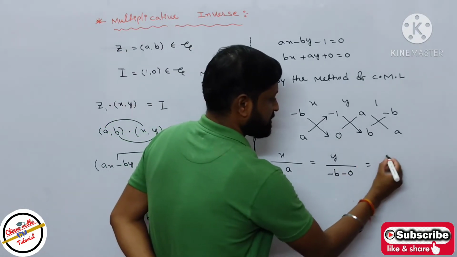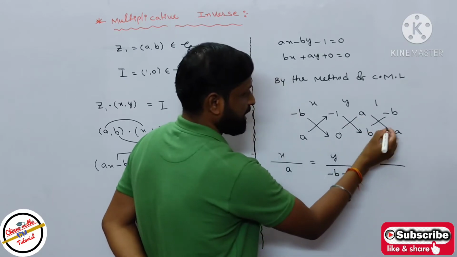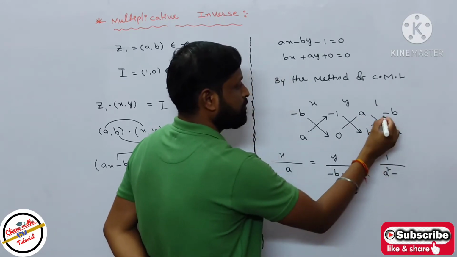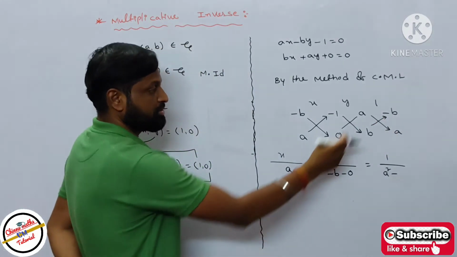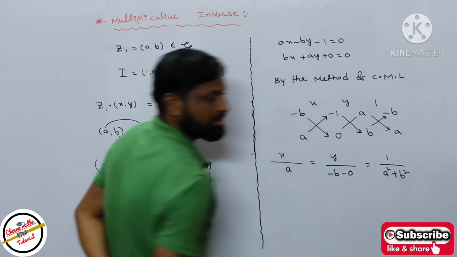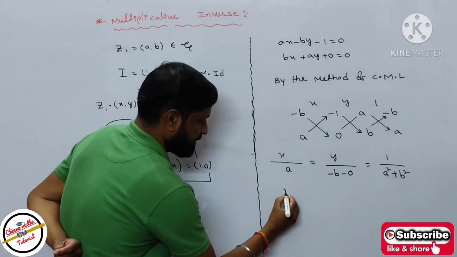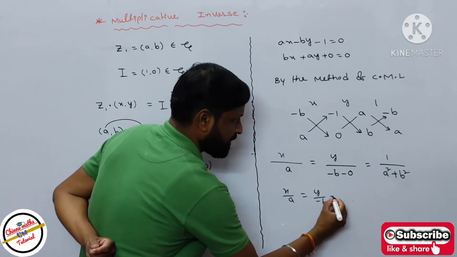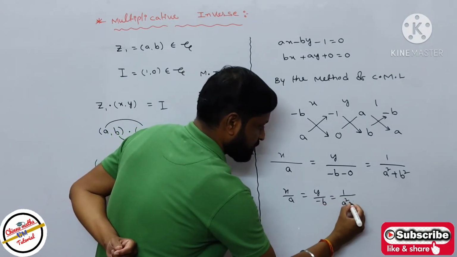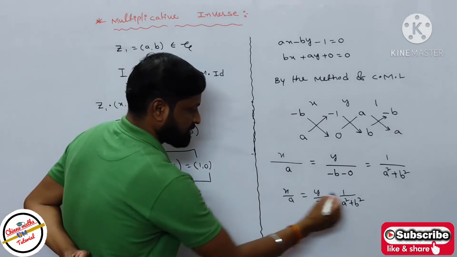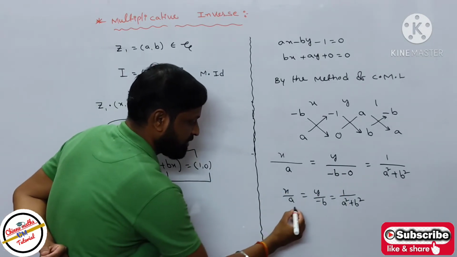It is equal to constant 1 by A into A, A square, minus B into B, minus B square, minus into minus is plus B square. So then you can write x by A equal to y by minus B equal to 1 by A square plus B square. According to the first and last, what is the x value equal to?